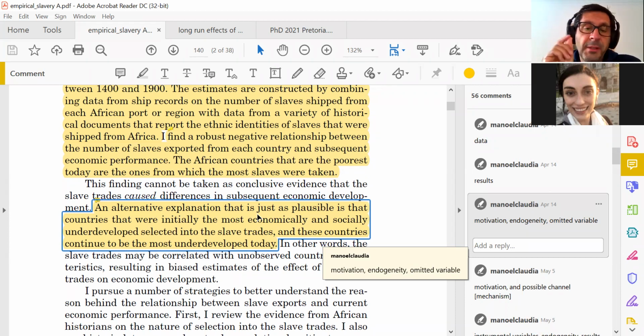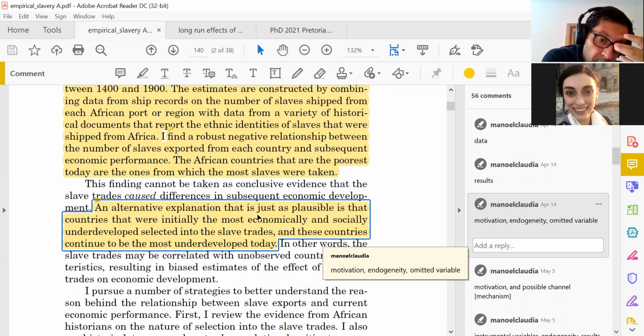An alternative explanation that is just as plausible is that countries that were initially the most economically and socially underdeveloped selected into the slave trade. So poor areas ended up selecting themselves into the slave trades, right?